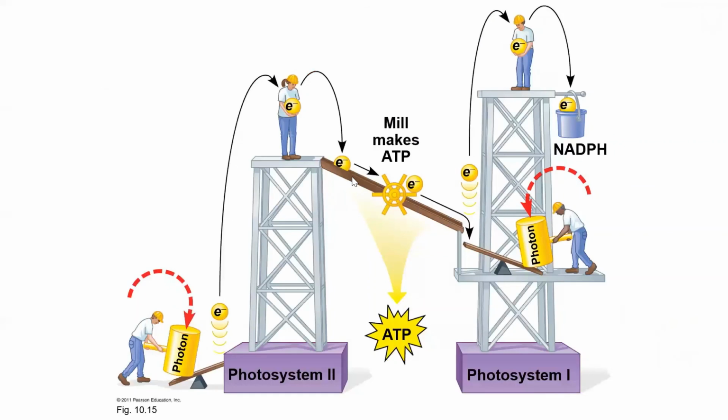So this is just a little diagram from the textbook to try to show you kind of an idea of those electrons getting more or less potential energy. You can see the light is giving them potential energy. They go up, and as they go down, their energy is converted to bonds in ATP and bonds in NADPH.